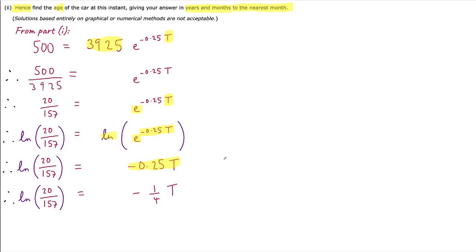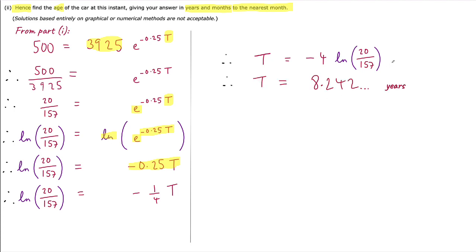Just writing that a little bit more neatly as a fraction, if I multiply both sides by negative 4, I end up with this result for capital T. Plugging that into my calculator, this gives me an answer in years. You'll recall that t was measured in years. We need to convert that to years and months. So this is 8 plus this decimal.